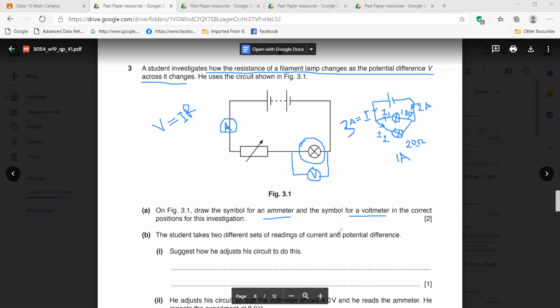So it's varying, and you can get more sets of current and voltage readings. So it is about changing the voltage of the power supply, what Jiva told. Again, we can change this to get another set of readings.